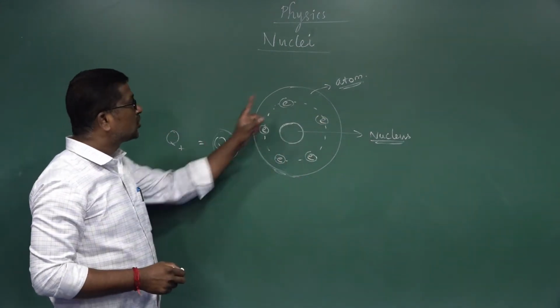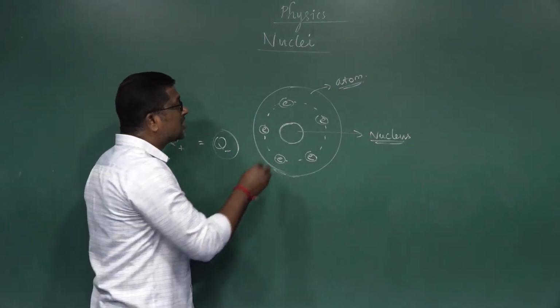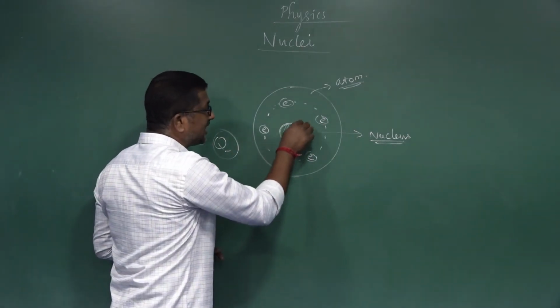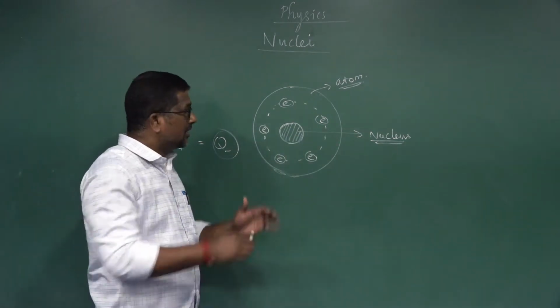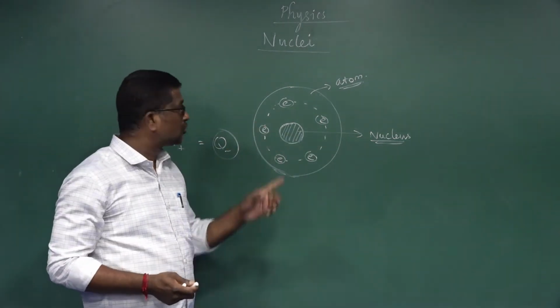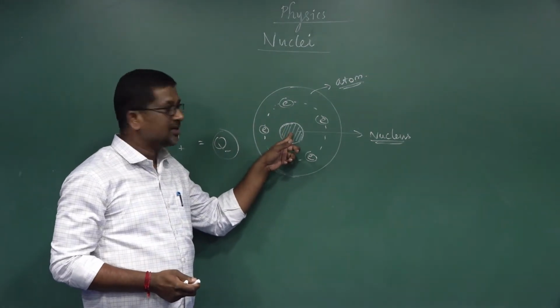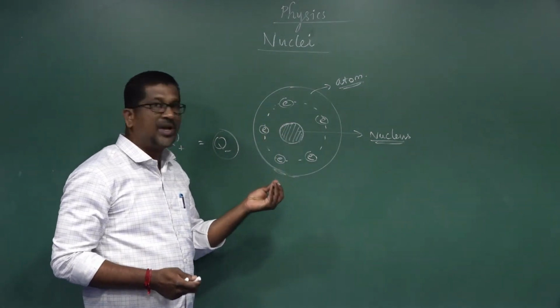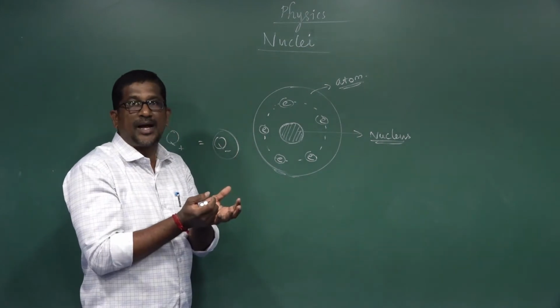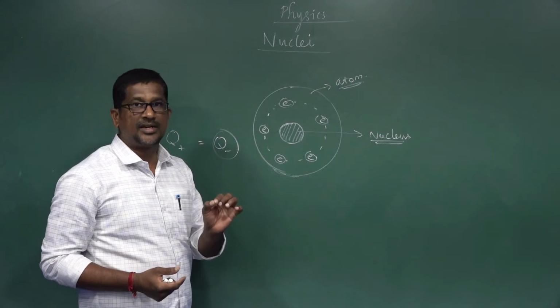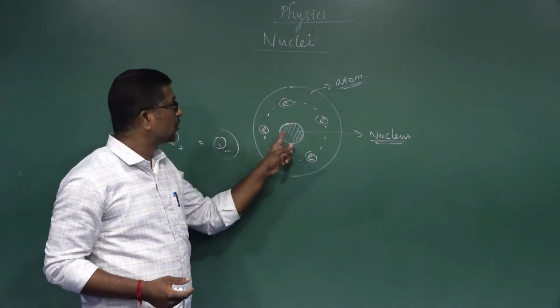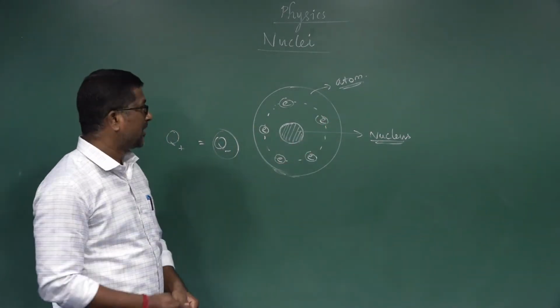The entire positive charge of the atom is concentrated in the tiny central core called the nucleus. Not only positive charge, the entire mass of the atom is also concentrated in this region. So a small central core of an atom where the total positive charge and whole mass of the atom is concentrated is known as the nucleus.